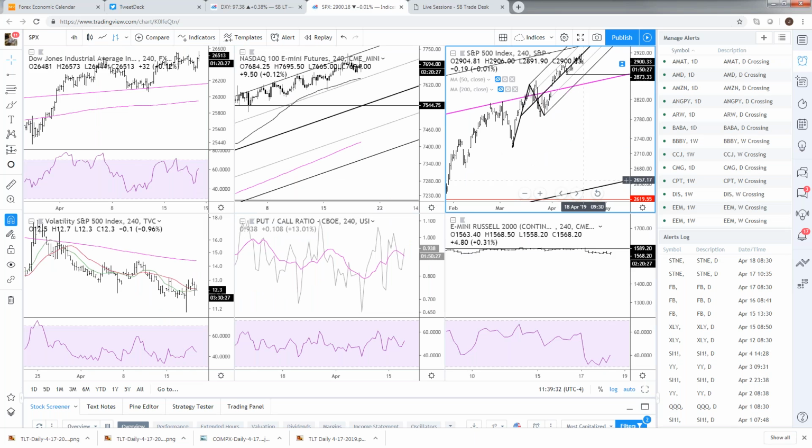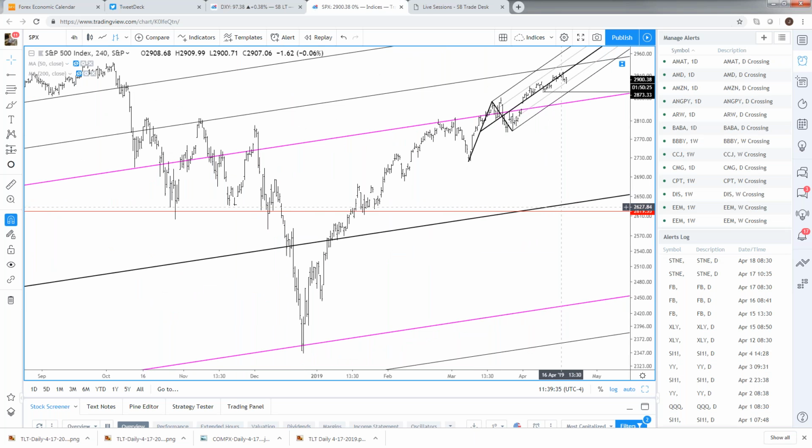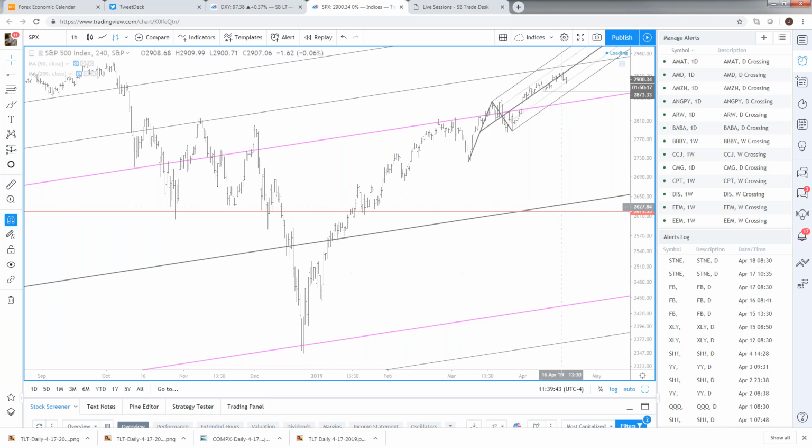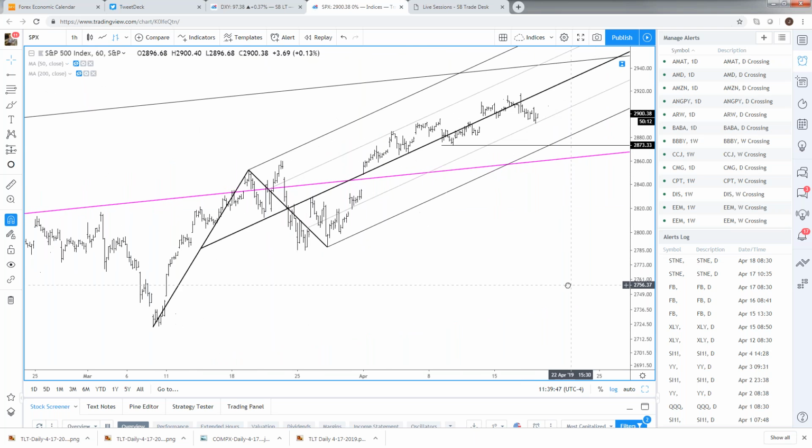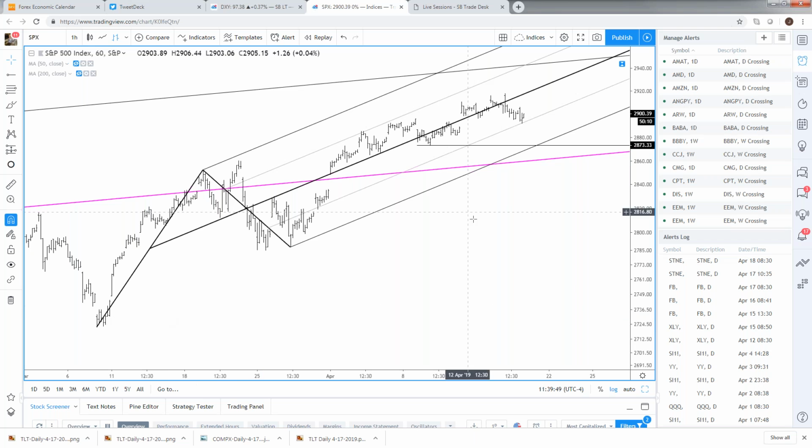Okay. S&P similar. I'm going to focus on the NASDAQ because it's been really the runner and the one driving this market. It's the biggest part of the S&P in the first place, tech is. But if we look at the S&P, your big level in the S&P to me is like 2873. That's just the low over here from April 9th.